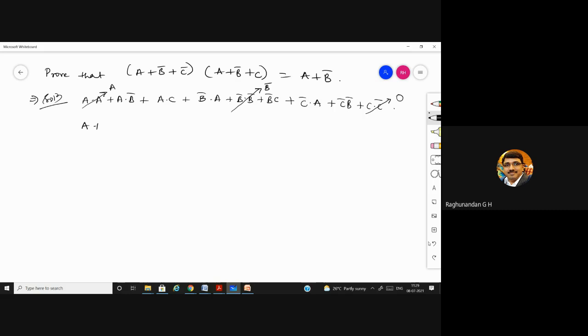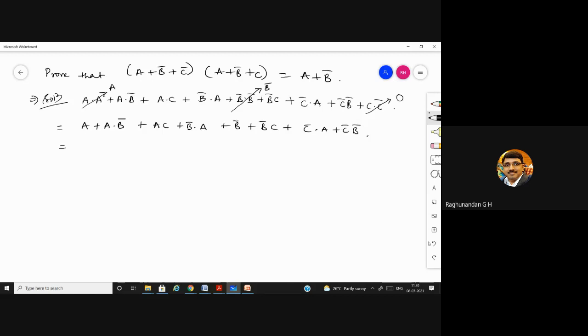Now: A plus A into B bar plus AC plus B bar into A plus B bar plus B bar C plus C bar into A plus C bar B bar.